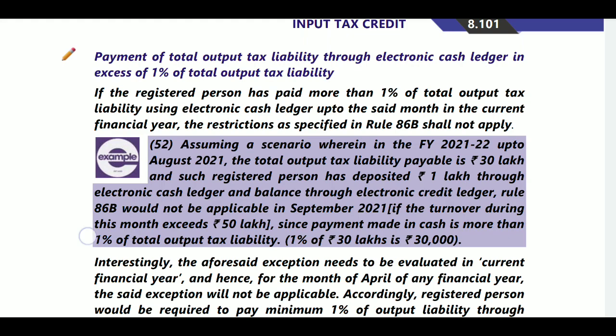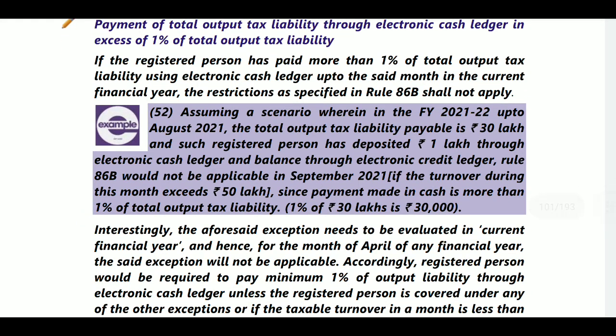For example, assuming a scenario where in the financial year 21-22, up to August 21, the total output liability payable is 30 lakhs and such registered person has deposited 1 lakh through the electronic cash ledger, and the balance through the electronic credit ledger.